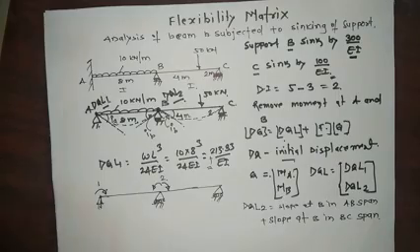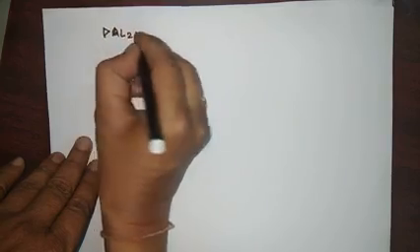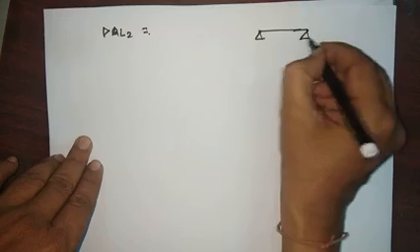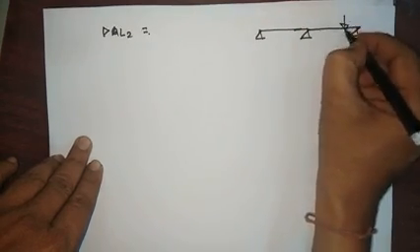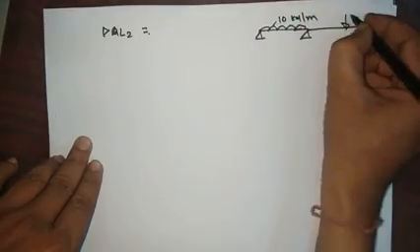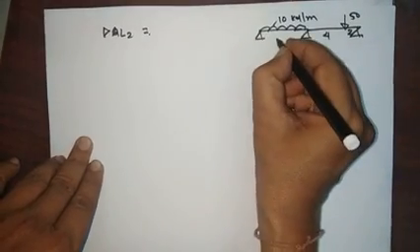So now DQL2 is equal to, now here is one point load and this is our UDL 10 kilonewton per meter, and this is 50, this is 4, this is 2, and this is 8 meter.